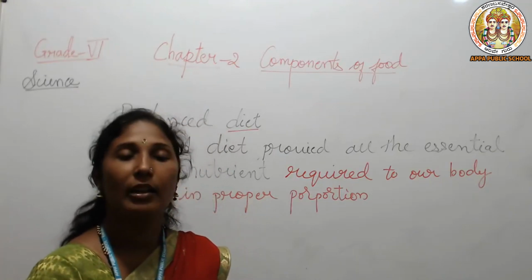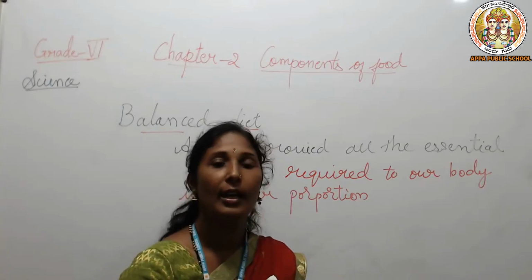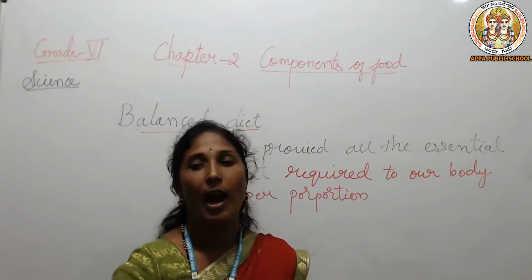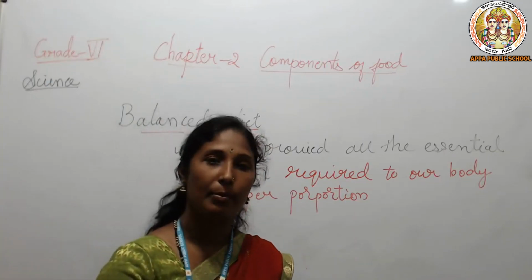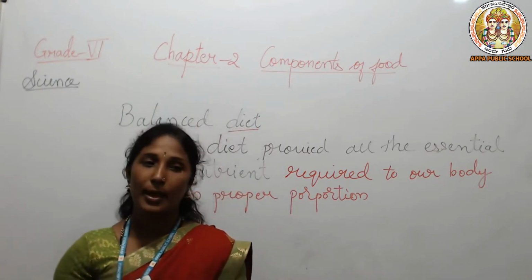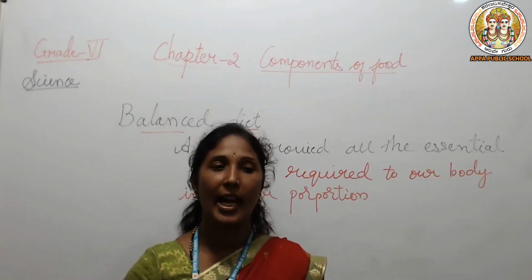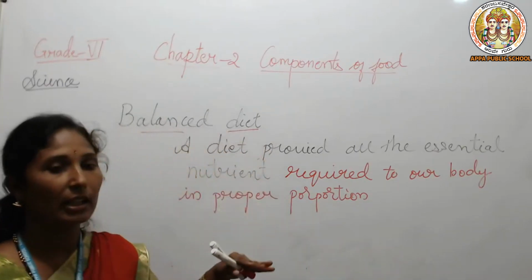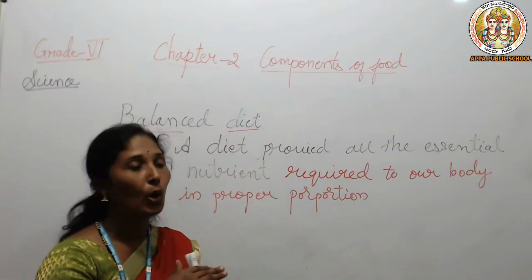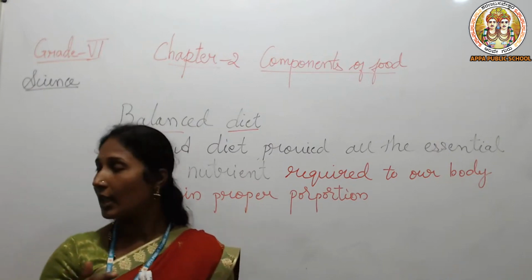But your chart will be different from person to person. For example, a one-year-old baby's chart is different. The middle-aged person's balanced diet chart will be different. An old-aged person's diet chart will be different. It depends upon their age. Not only the age, it also depends upon the physical work.